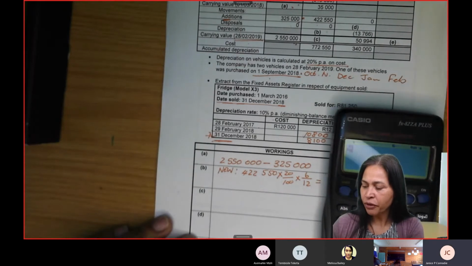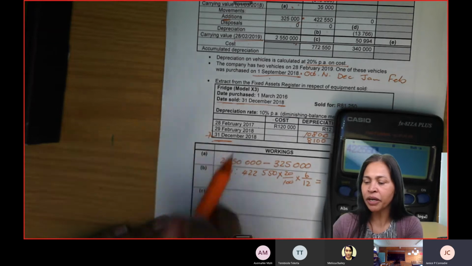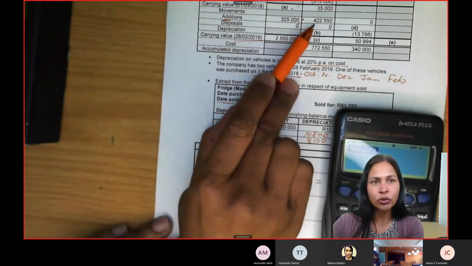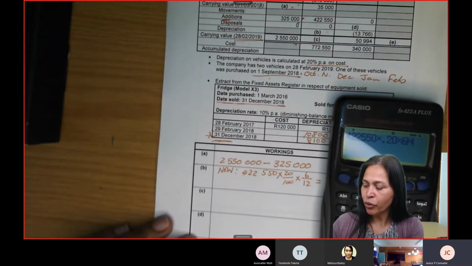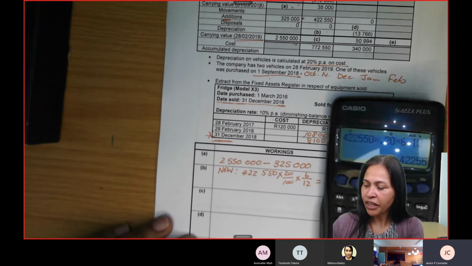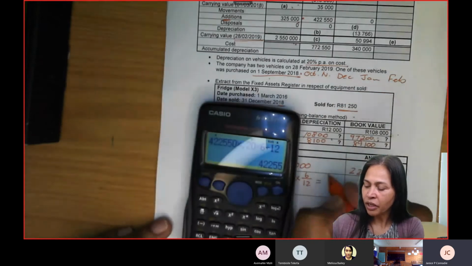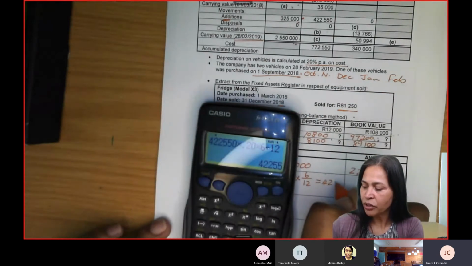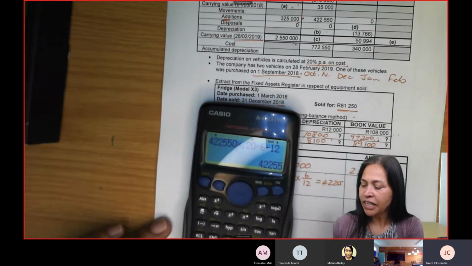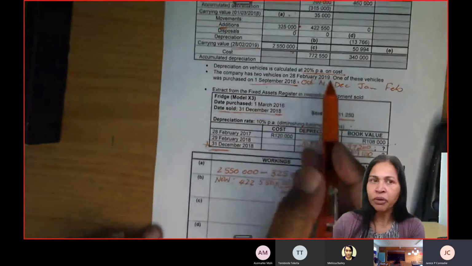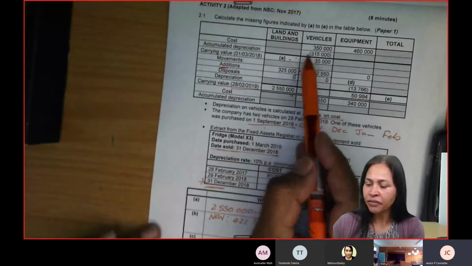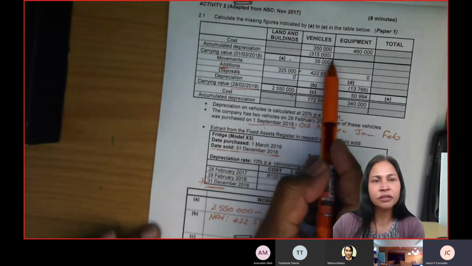So my calculation, my 422,550, that is my new one at cost always. 20% of that, but only for 6 months. That gives me, and I'm going to write it here, 42,255. Again, it is not my final amount, because I'm looking at my vehicles and I had other vehicles at the beginning of the year.